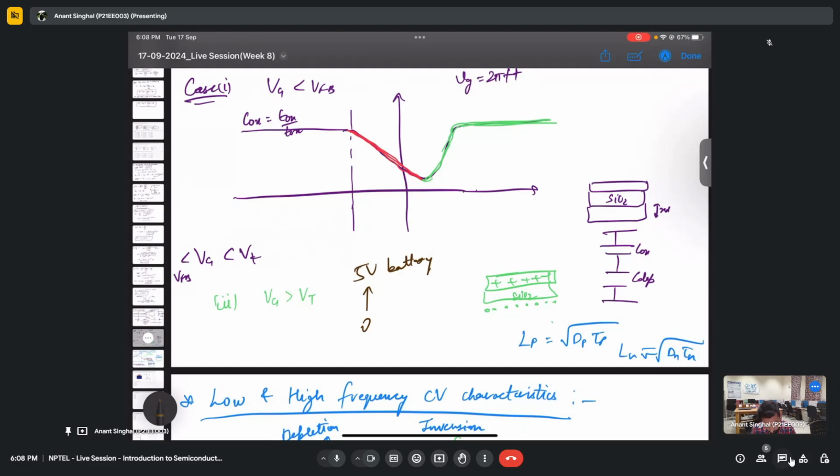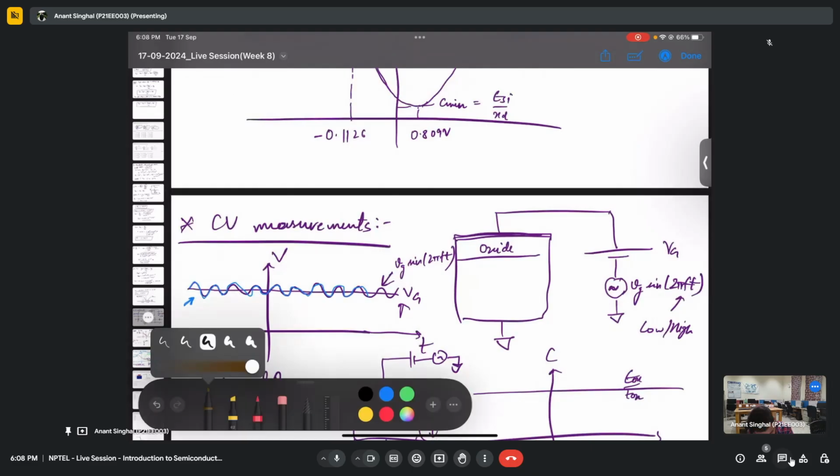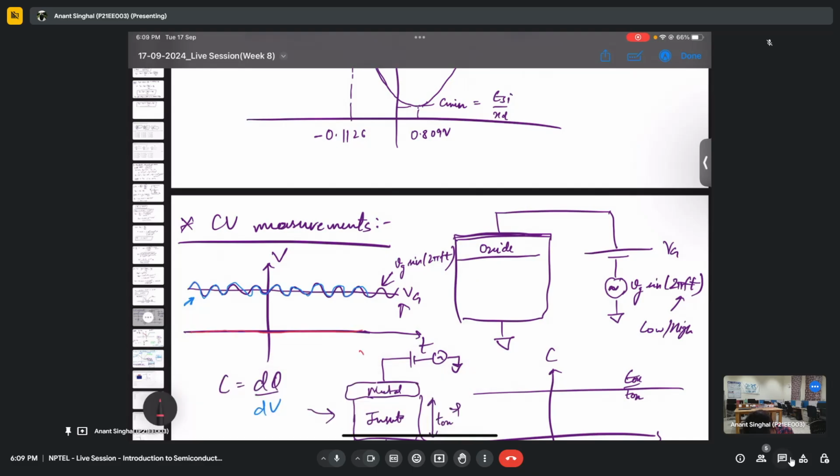Like let's say this particular line is 0 in this particular plot. Okay, give me a moment. So this particular line is 0 and this particular line is VG. So it will take some time to go from 0 to VG. Like in general or in reality, we do not see this.